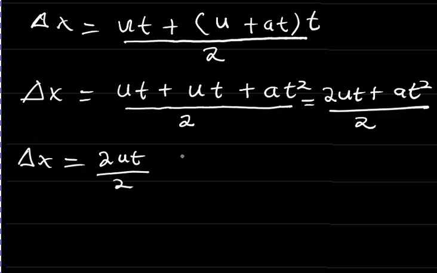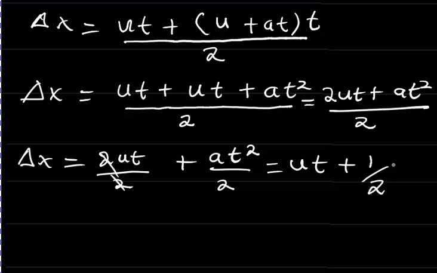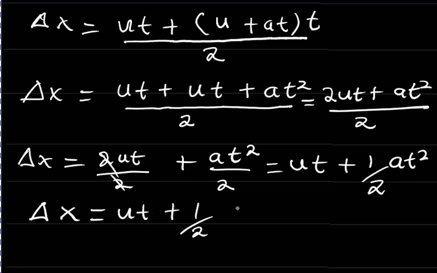The same happens here, that is at square all over 2. 2 cancels 2. All right, so we're left with just ut, then plus half at square. So that is how it is derived. So delta x is equal to ut plus half of at square.